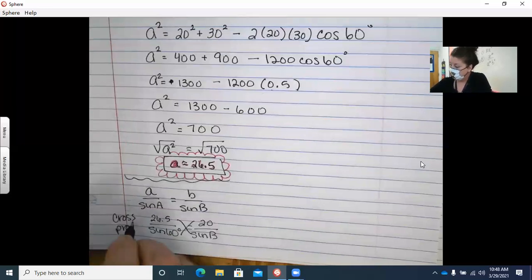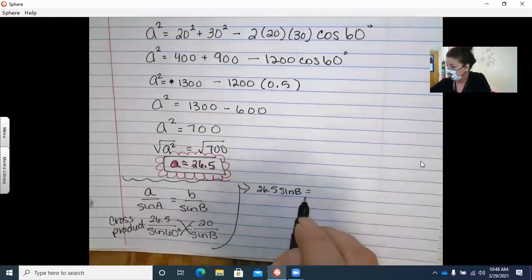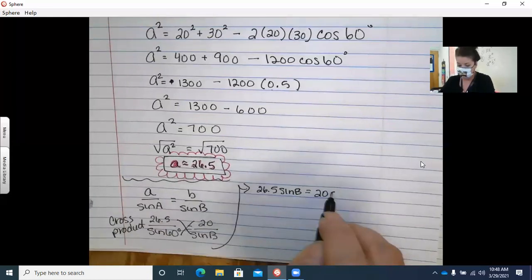So that would be 26.5 times the sine of B equals 20 times the sine of 60 degrees.